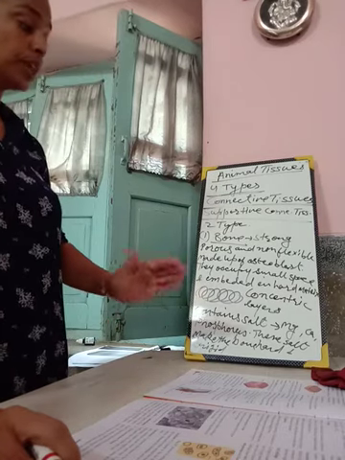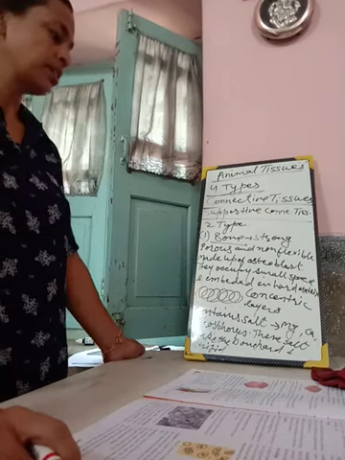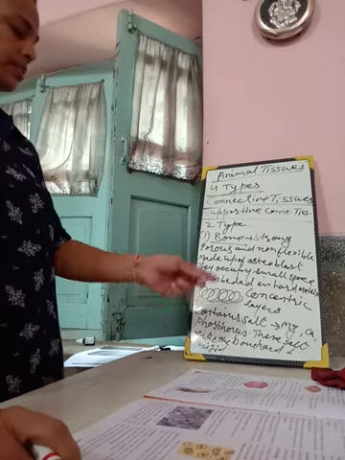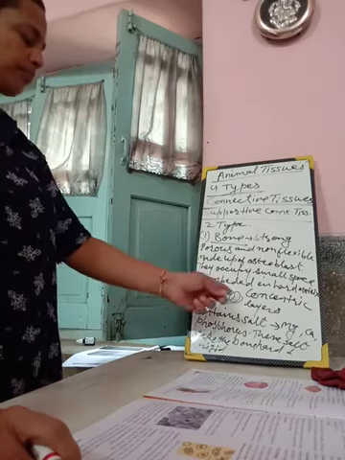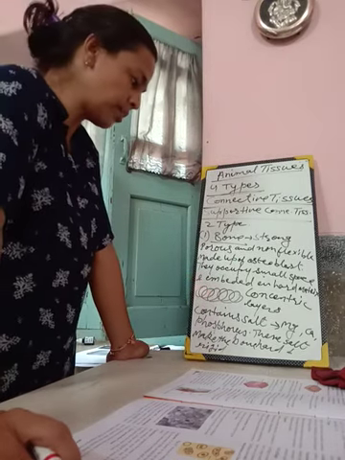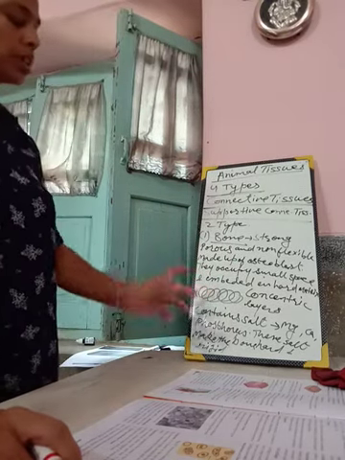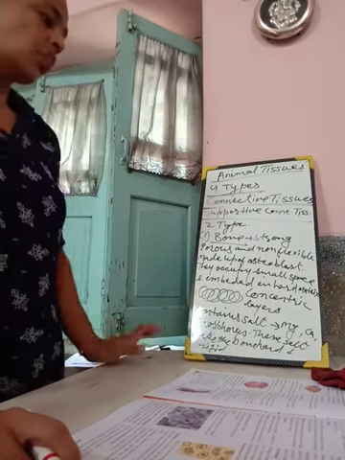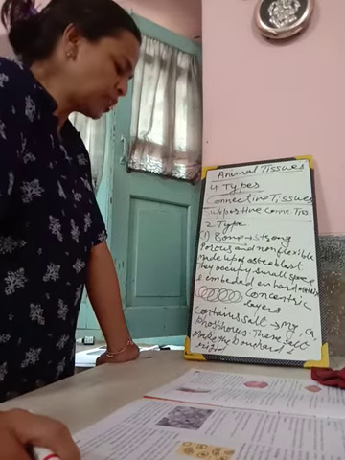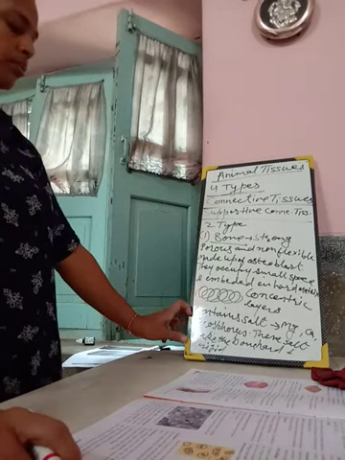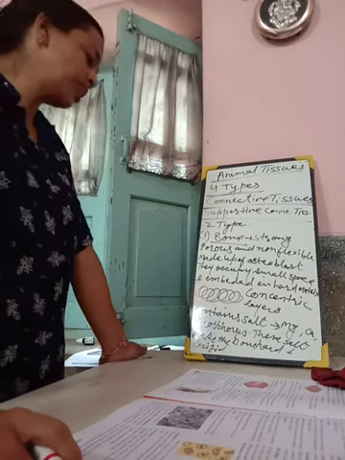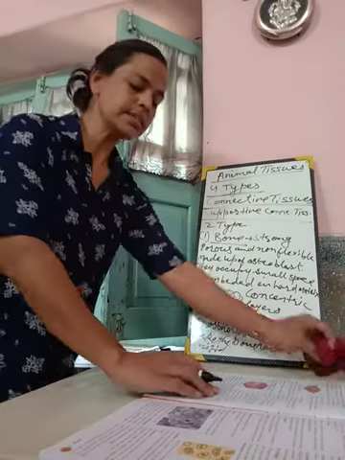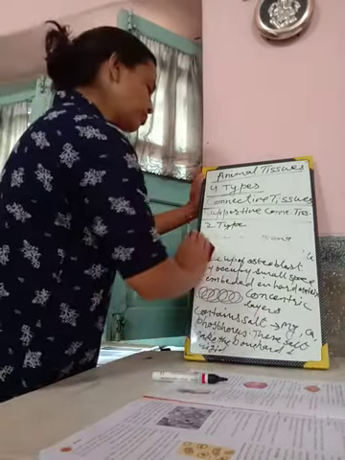Concentric layers means layers having the same center. The matrix contains salts like magnesium, calcium and phosphorus, due to which the bones become hard and rigid.